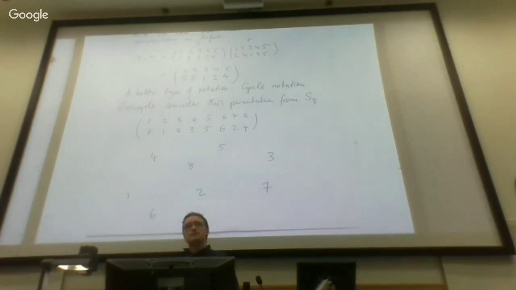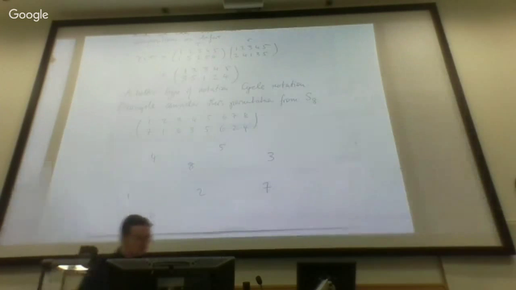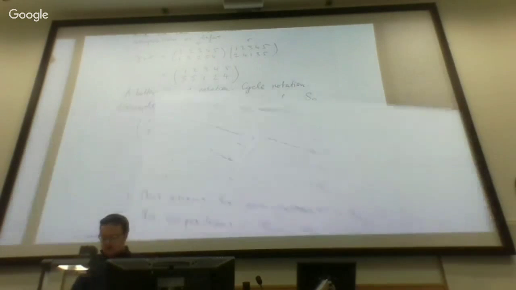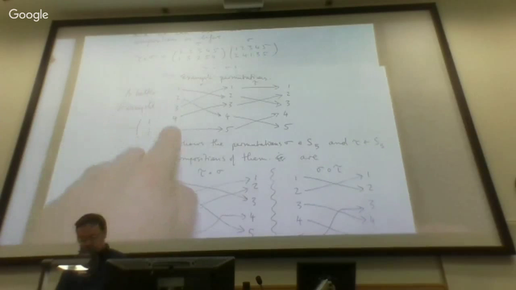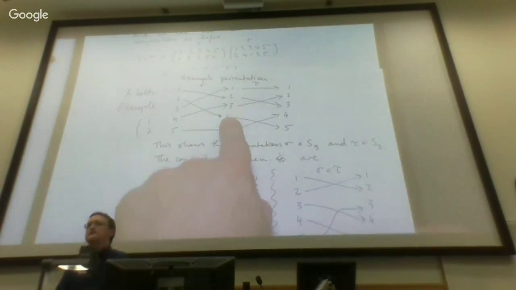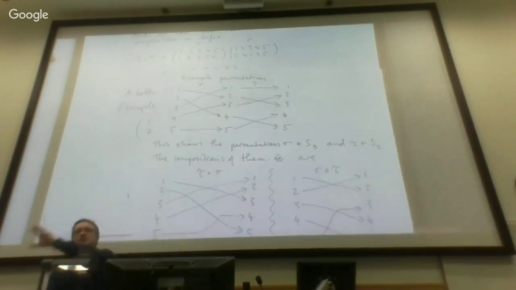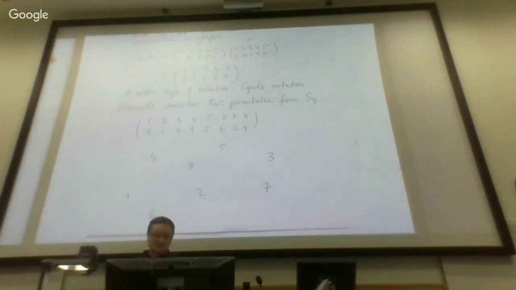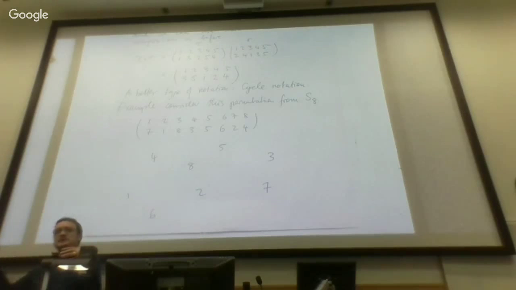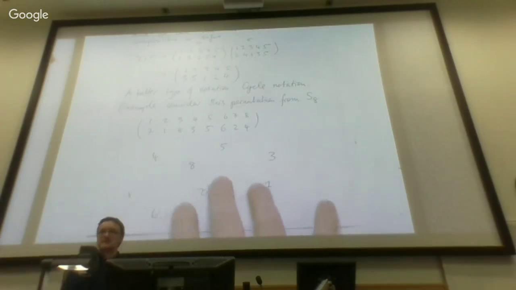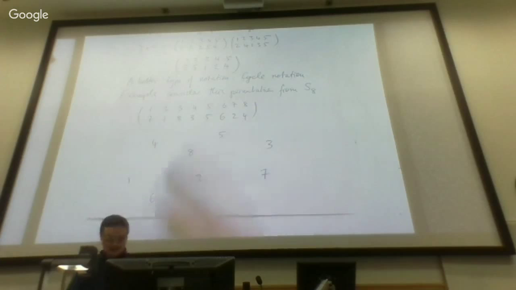I'm going to draw the mapping diagram again. Before, the domain was over here and the codomain over there, separate. But of course these are the same sets, the set of labels 1 to 8. So I'm just going to use the same set of labels for the domain and the codomain, and draw arrows around.